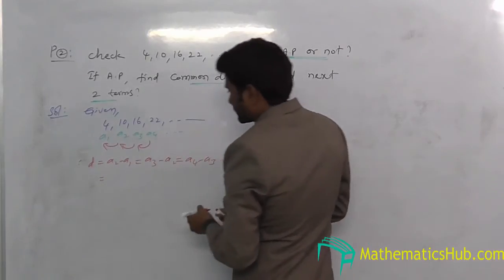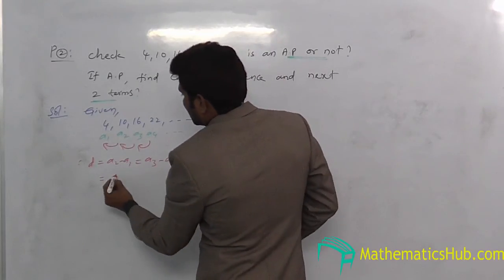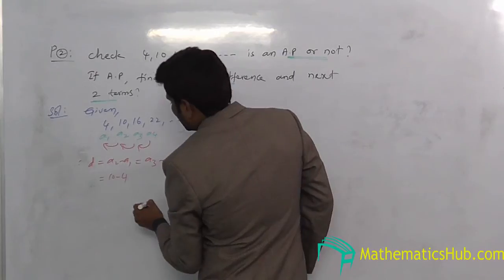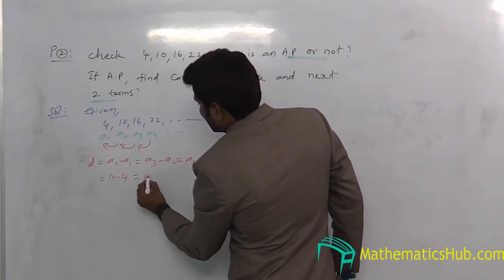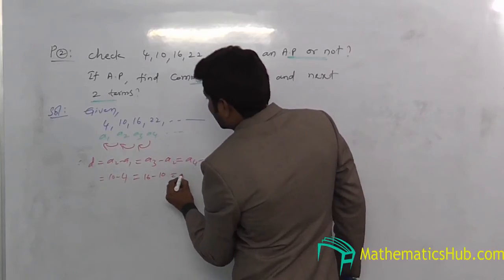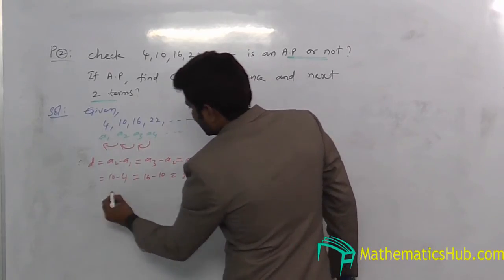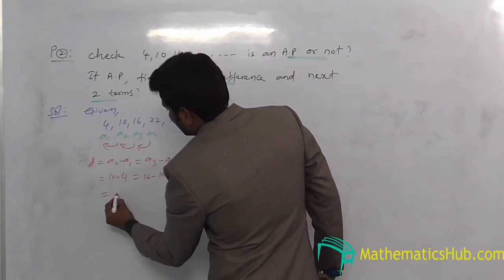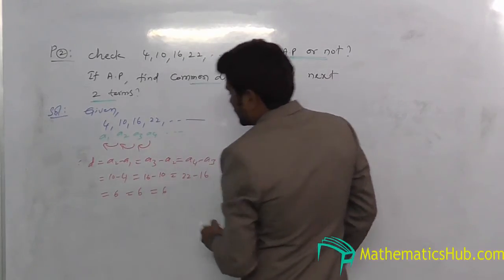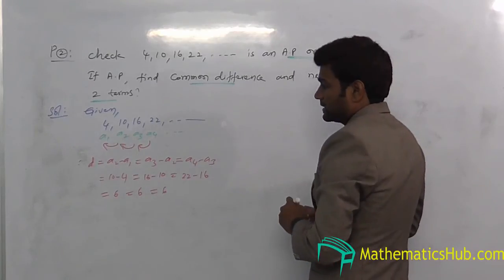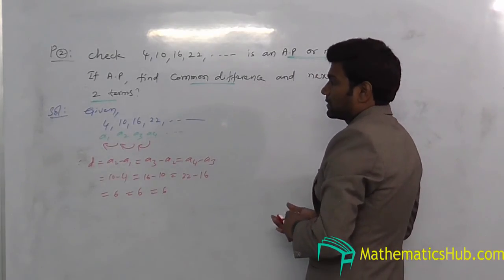That is 10 minus 4 equals 16 minus 10 equals 22 minus 16. That is 6, 6, 6. So the common difference here is the same, equal.